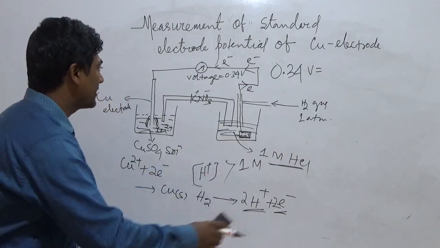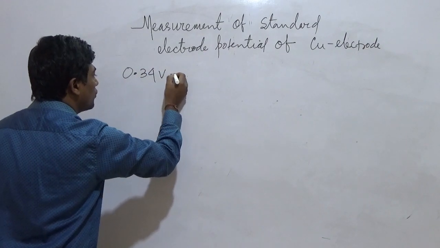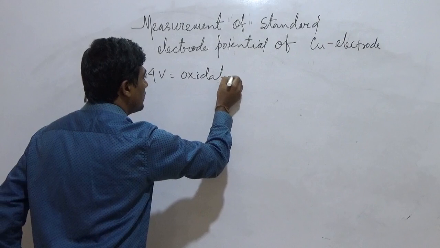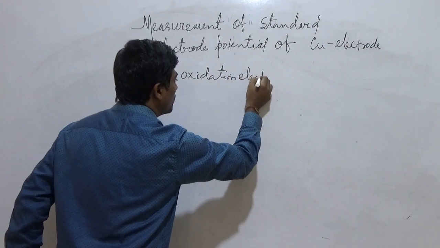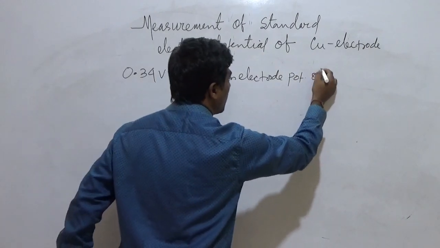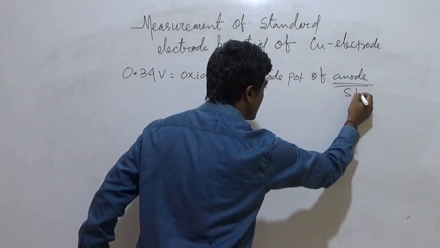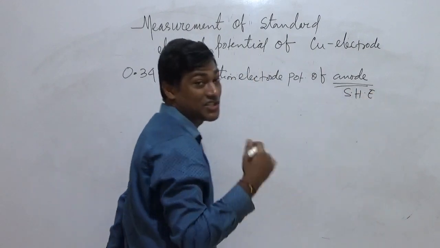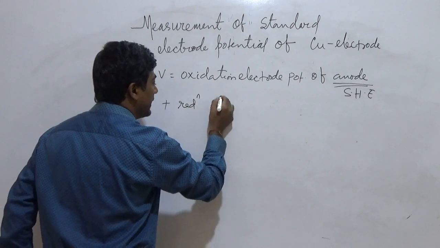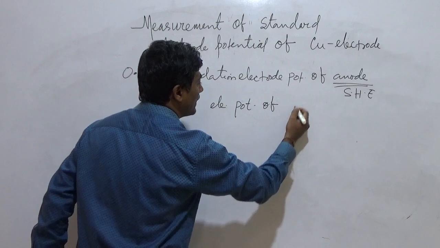Did you get me? We'll write down. So 0.34 volt is equal to the oxidation electrode potential of anode. Here the anode is SHE, where the oxidation takes place, plus the reduction electrode potential of cathode.